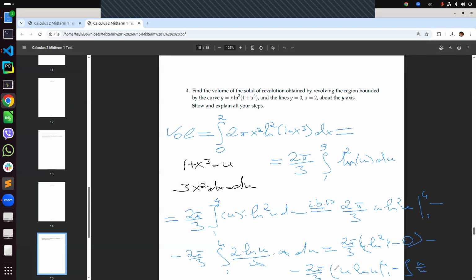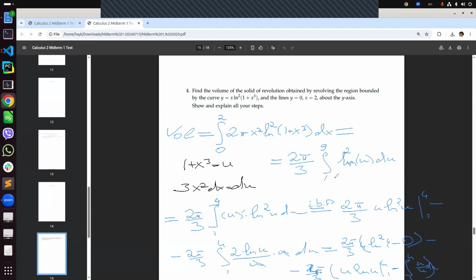We have here this 2, let's not forget about this 2. Here we can put it as 4 pi over 3. It remains just to write u over u is 1. The integral of 1 is just u, and everything here is done.